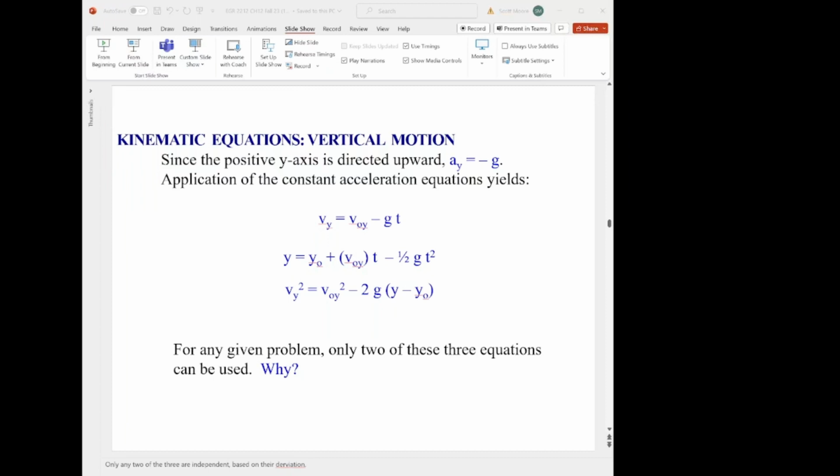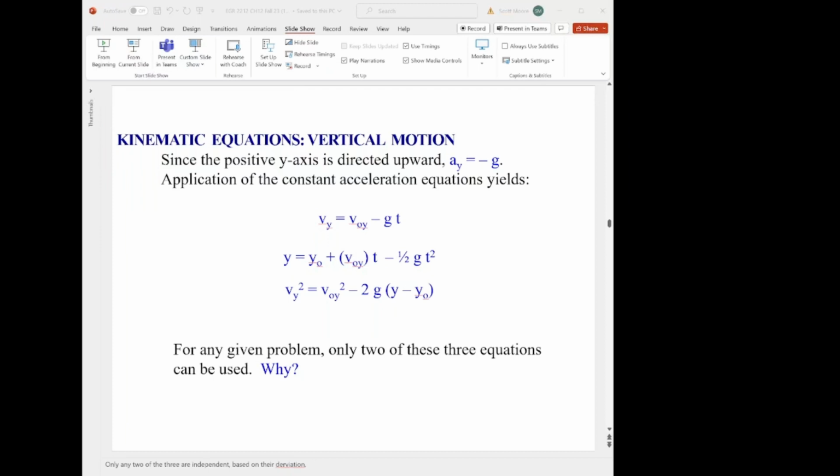And if we know the point in time t, we could solve for initial velocity here, and here, we could solve for initial position. And then the last one, if you're not given time, and you're given the initial vertical position here, you could solve for the velocity at that point in time.